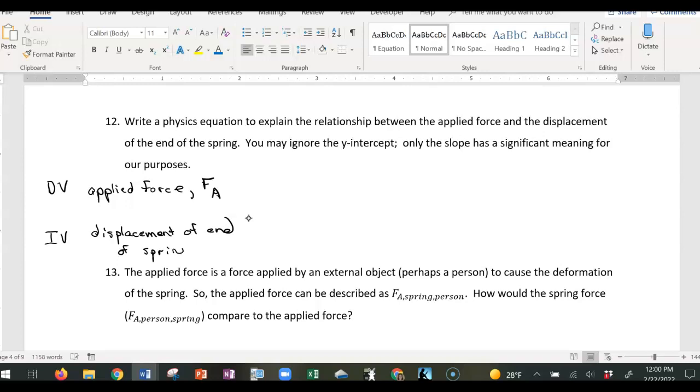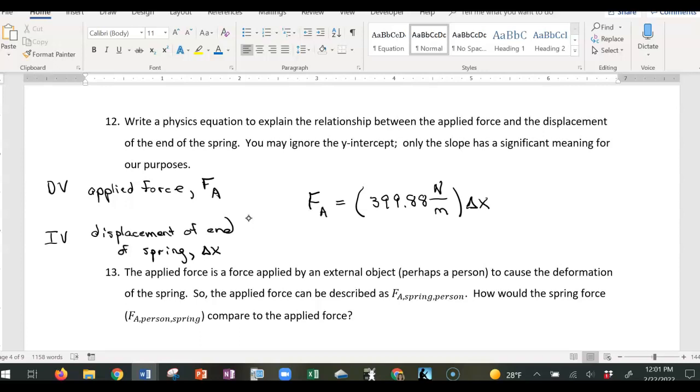And for that, I'm going to use the symbol for displacement, which is delta x. And so my dependent variable equals the slope with its units multiplied by the independent variable.